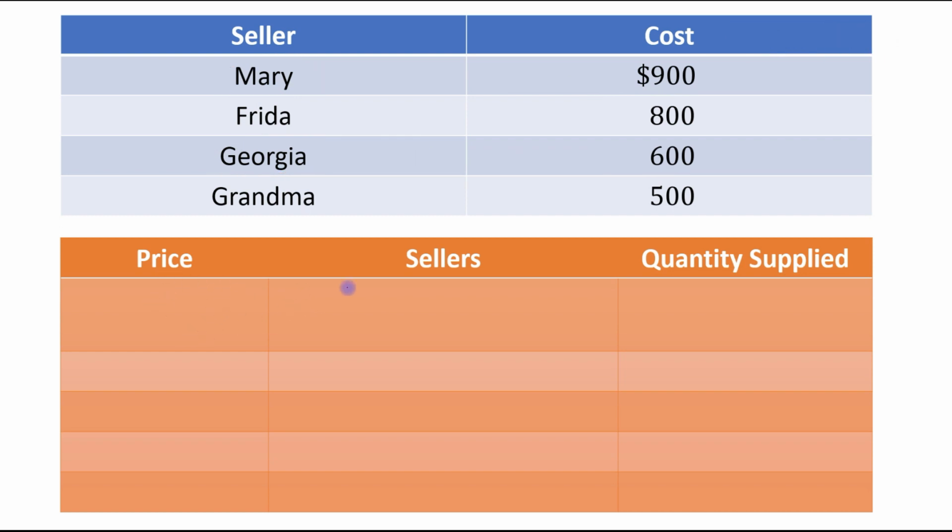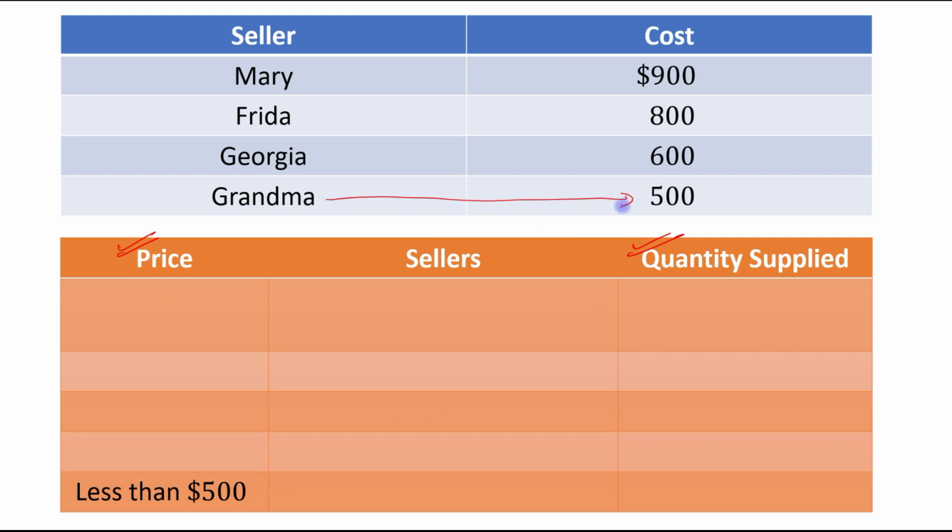When we are talking about supply schedule, on one side we have price and on the other side we have quantity supplied. So the first case is less than $500. If the price offered is less than $500, let's suppose it is $499. Let's start with the case of grandma.